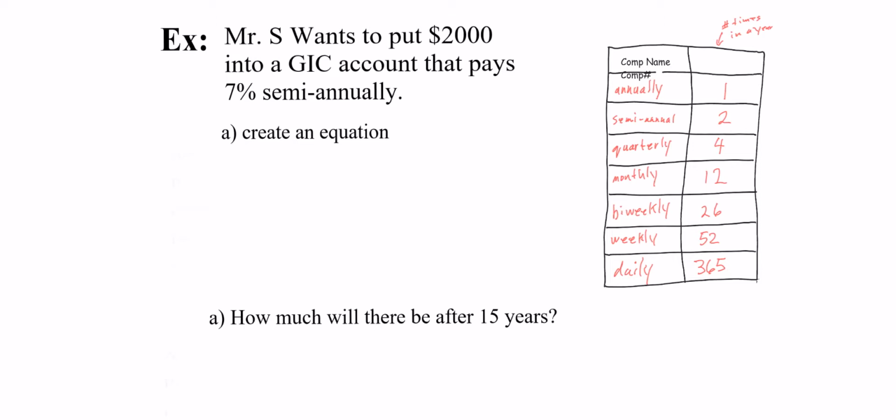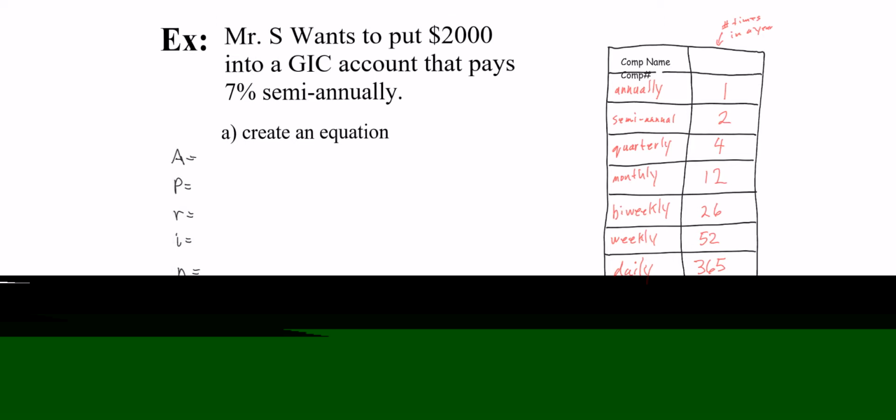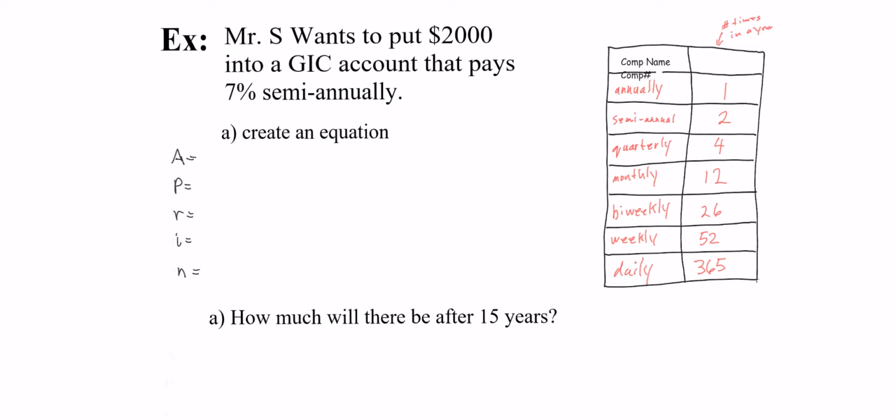An apron refers to all the variables that are used in the future value, or the amount, of a compounding interest. Let's go over this problem and we'll see how we use it. Mr. S wants to put $2,000 into a GIC account that pays 7% semi-annually.